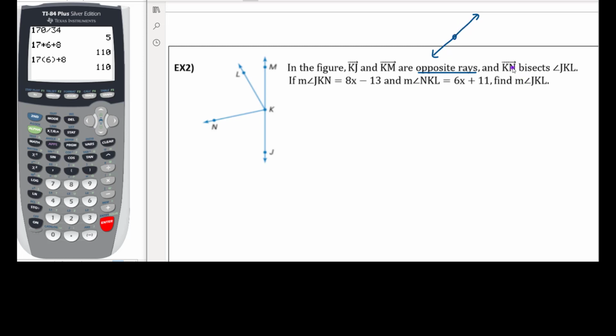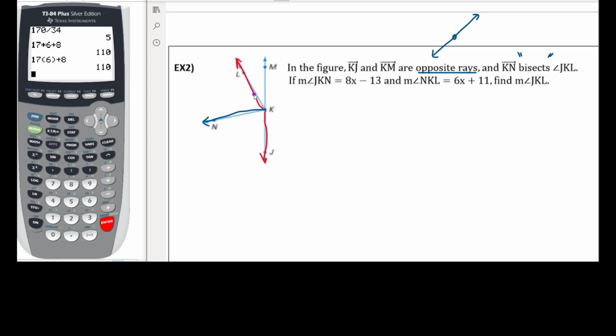And then it says ray KN, so this ray right here, bisects, okay, that's a keyword right there, the angle JKL, so this angle right here. All right, very good.